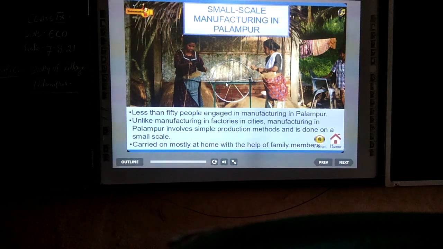Unlike manufacturing in factories in cities, it involves simple production methods and is done on a small scale, carried on mostly at home with the help of family members. So the entire work is carried out by family members. This is another example of a non-farming activity.